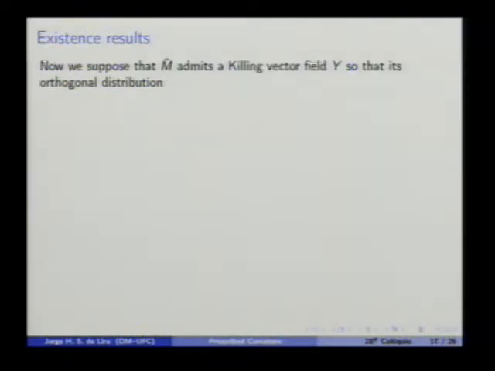Well, continuing with existence results, you now replace the hypothesis that the ambient space has a parallel vector field. You replace this with the requirement that this vector field now is a Killing vector field or a conformal Killing vector field.